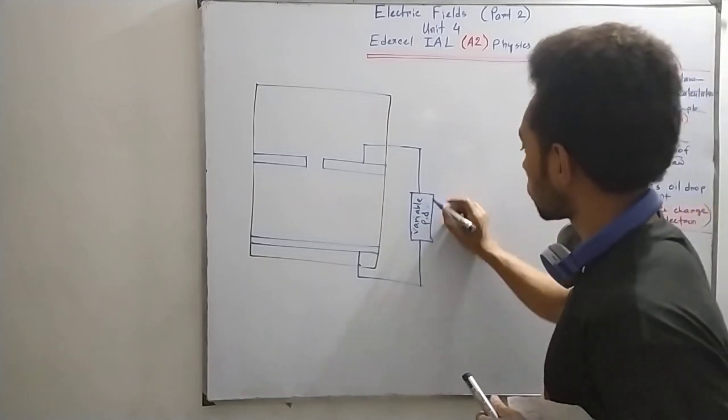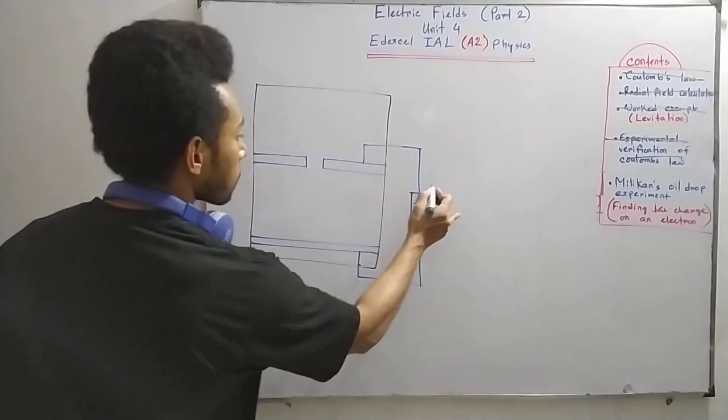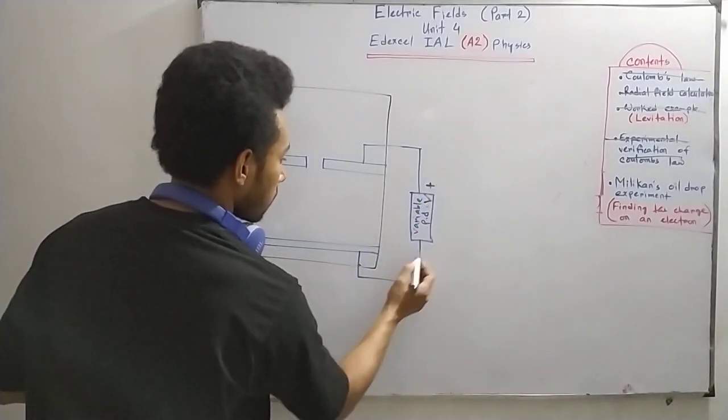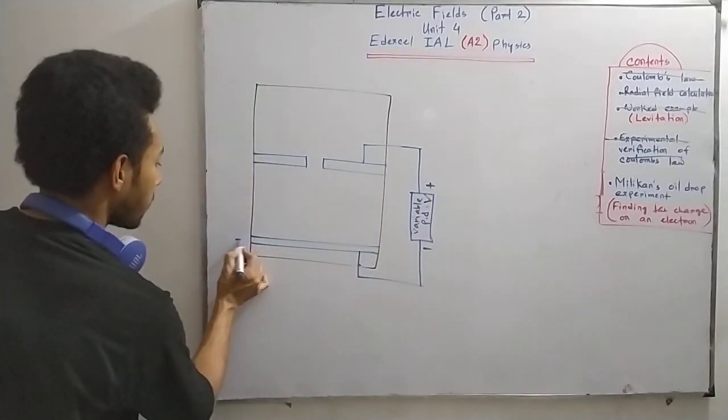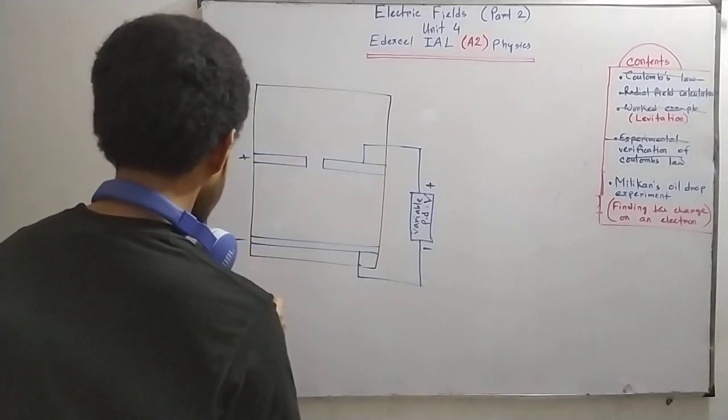Variable PD, or potential difference. This one is the positive and negative terminal. So this is the negative terminal and this is the positive terminal. This is the cathode and this is the anode.